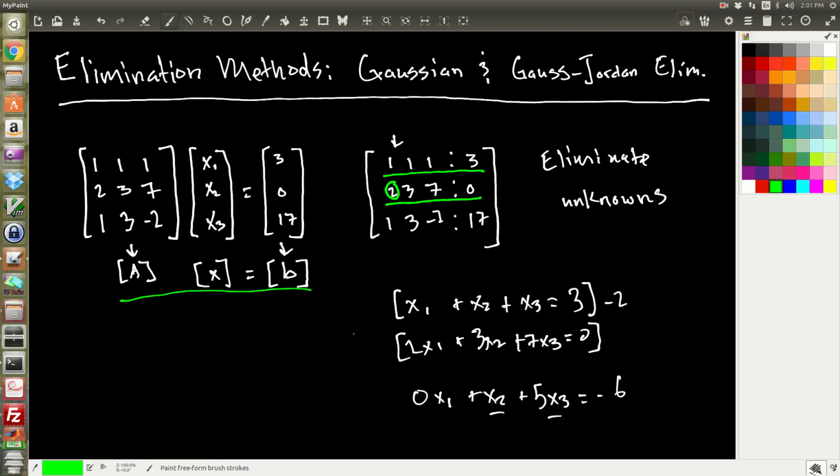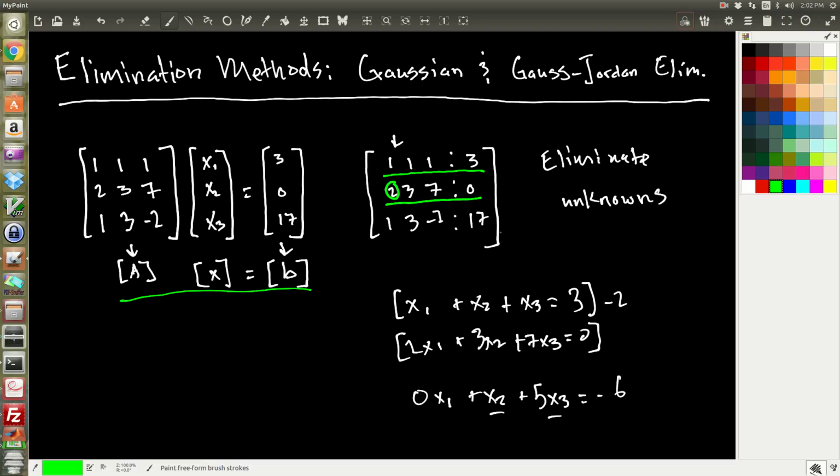It's the same thing as multiplying one equation by a constant and adding it to another equation. It doesn't change the equations any. All it does is eliminate some of the unknowns.